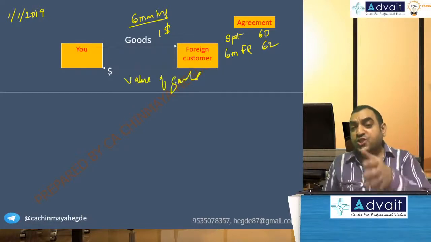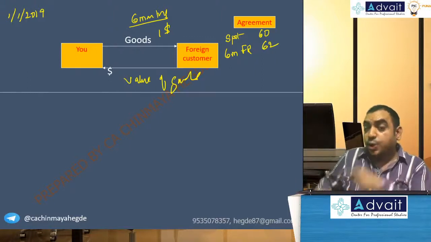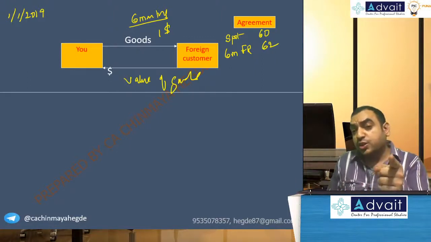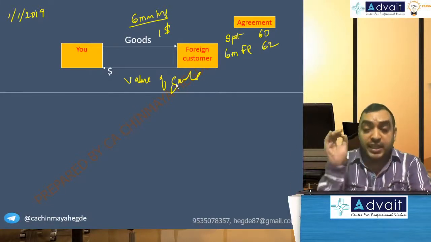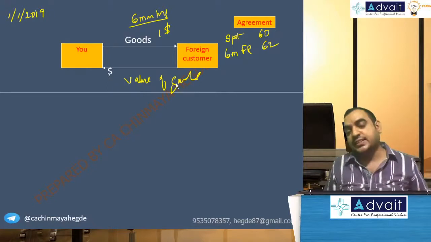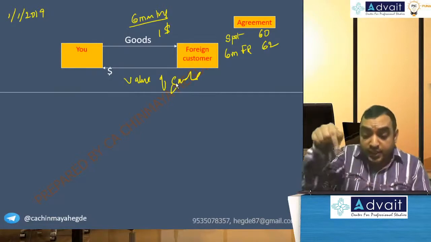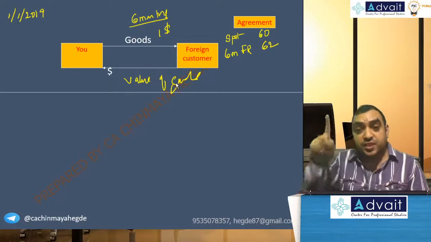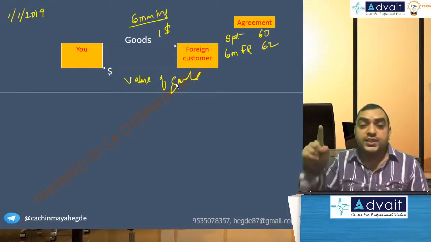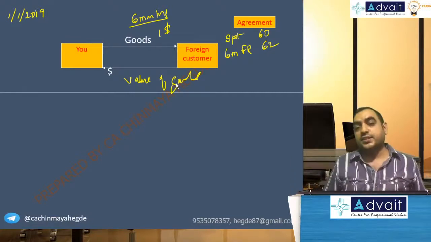If you had sold this to a person in India, would you have sold at 60 rupees or at 62? Please listen to this question carefully and then answer it. If you entered into an agreement with an Indian person in India to sell after 6 months, will you sell it at 60 rupees or at 62 rupees?